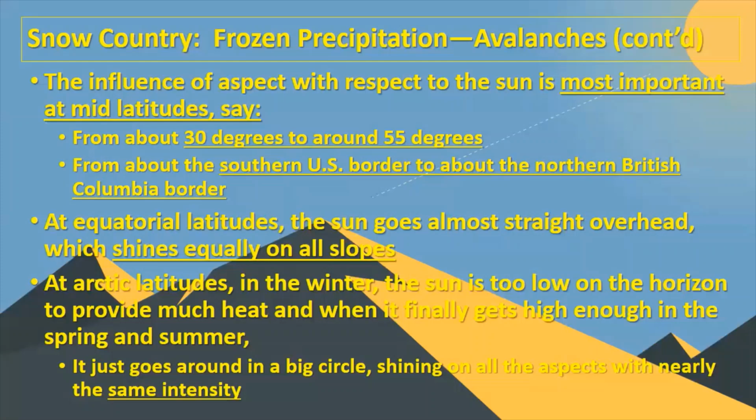So at equatorial latitudes, the sun goes almost straight overhead, so it shines equally on all slopes. So whatever impact is going to hit a slope is going to be similar on the other side. In the Arctic, the sun's too low, as I've just mentioned a few moments ago. So there's pretty much equal chances there. It just goes around in a big circle in the Arctic with the same intensity.